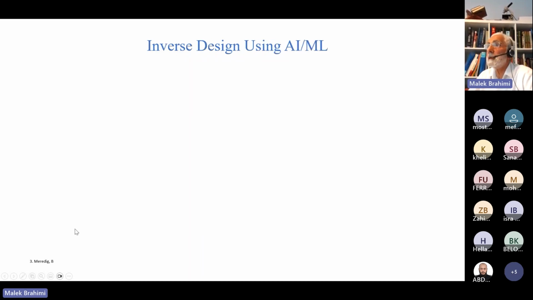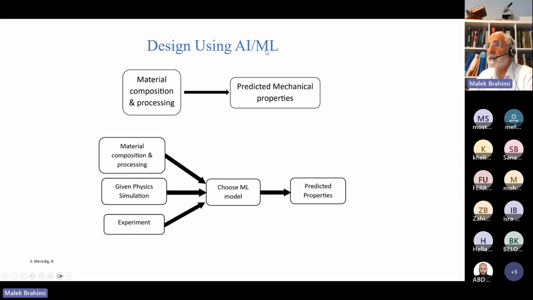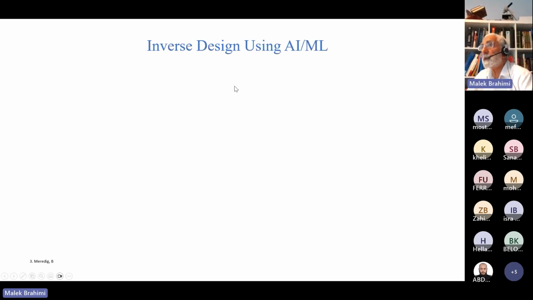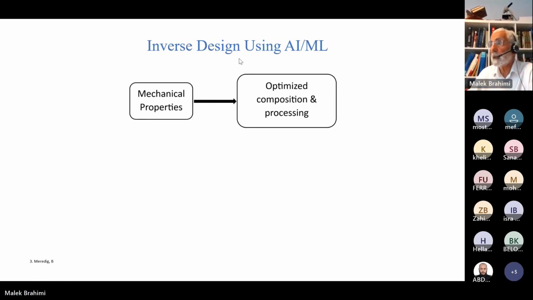Now let's do the inverse design using AI and ML, which is the most important. That's the point here, because going this way, from here to here, is really easy and feasible. But the inverse design is the most important thing, because if you are able to do the inverse, you're going to find so many interesting results.